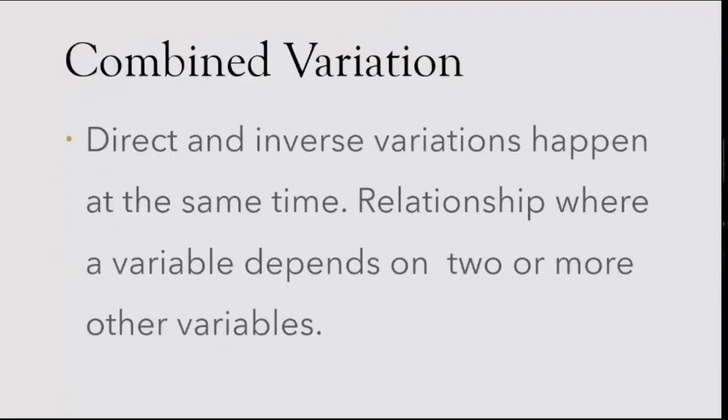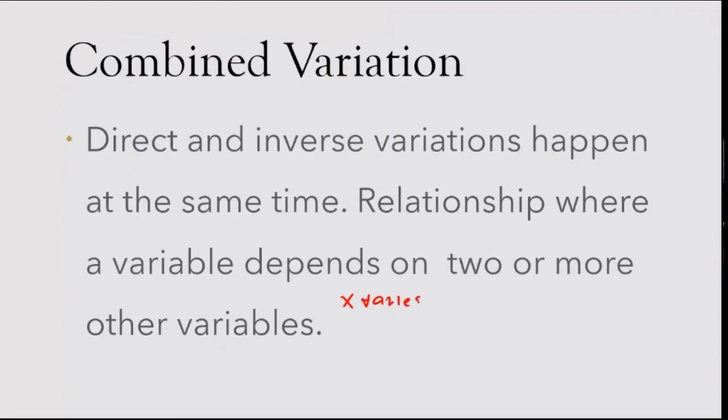Okay? So, this is what we call combined variation. Direct and inverse variations happen at the same time. So, these are relationships where a variable depends on two or more other variables. Okay? So, this could be represented, let's say you have x.